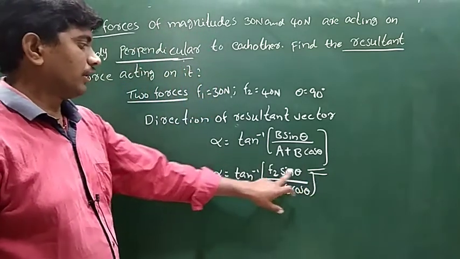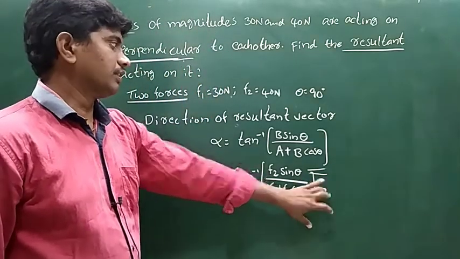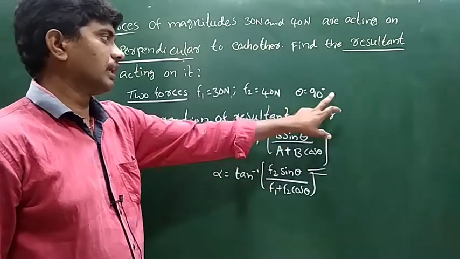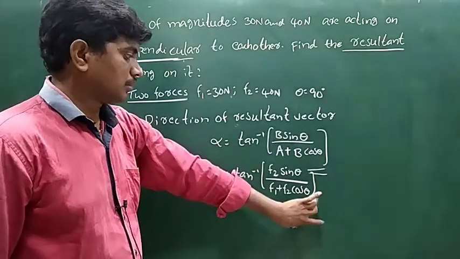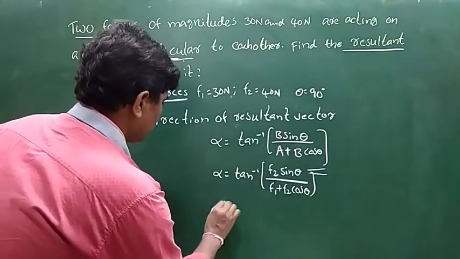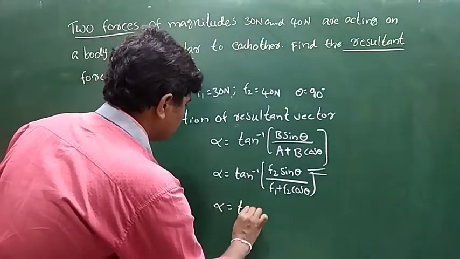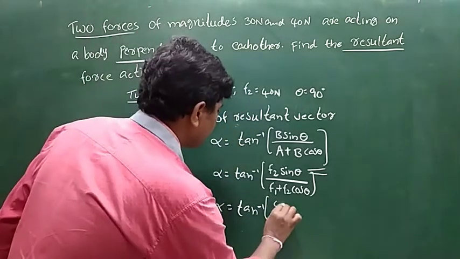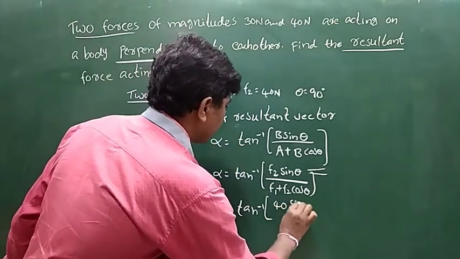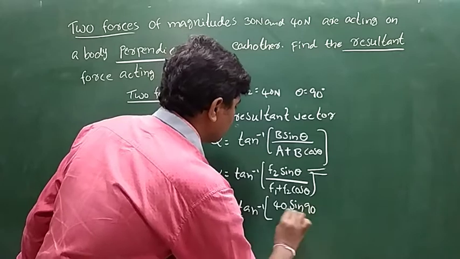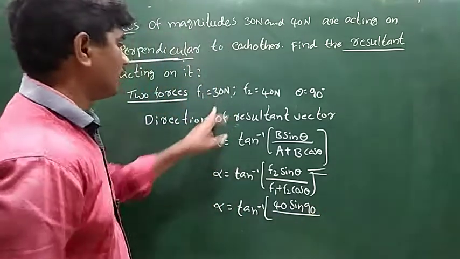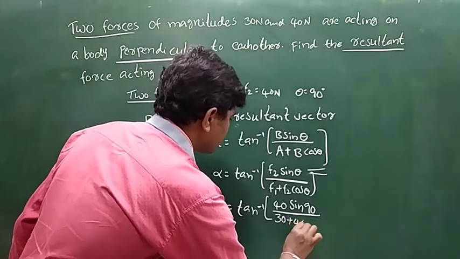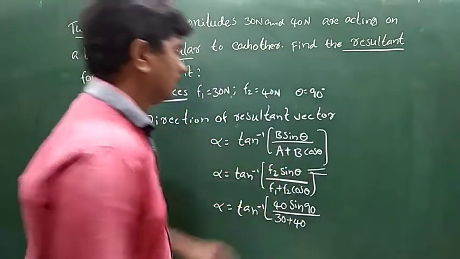Substitute the values: F1 is 30 newtons, F2 is 40 newtons, theta is 90 degrees. Alpha equals tan inverse of 40 sin 90 degrees divided by 30 plus 40 cos 90 degrees.